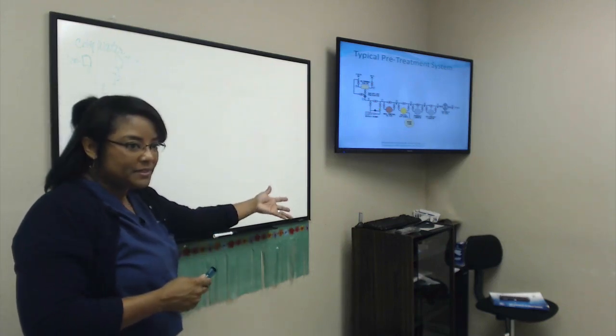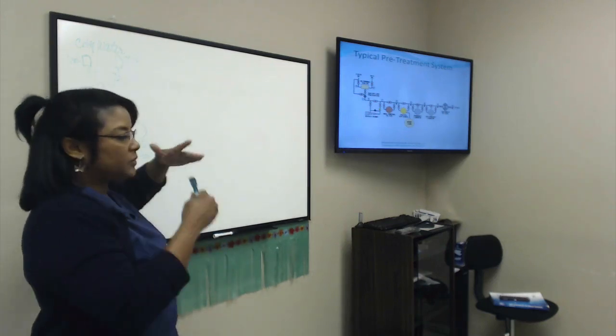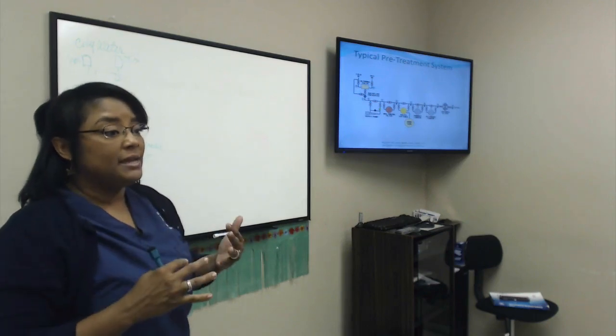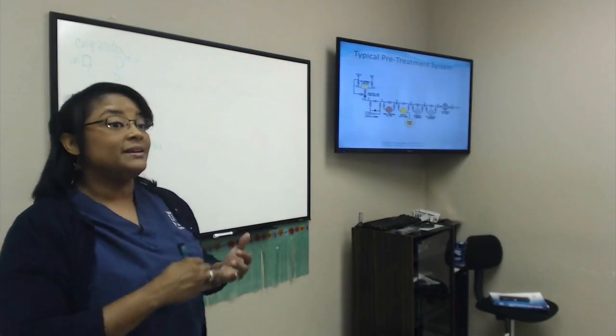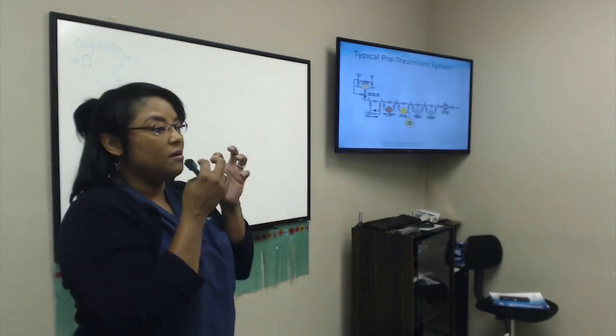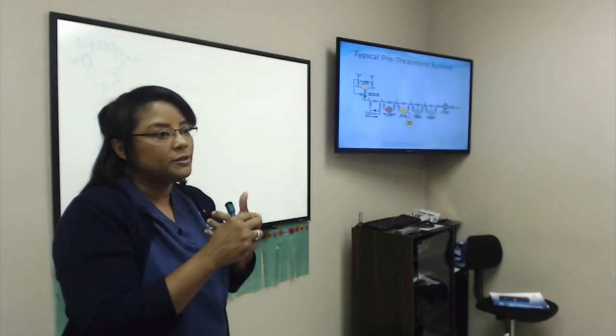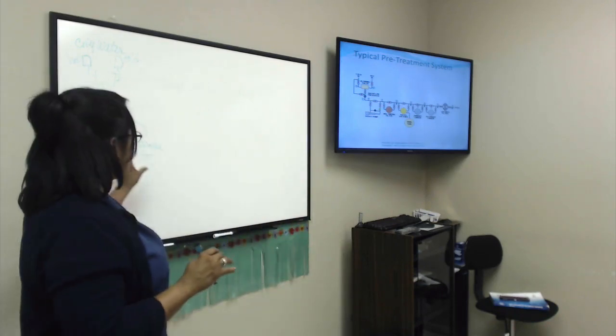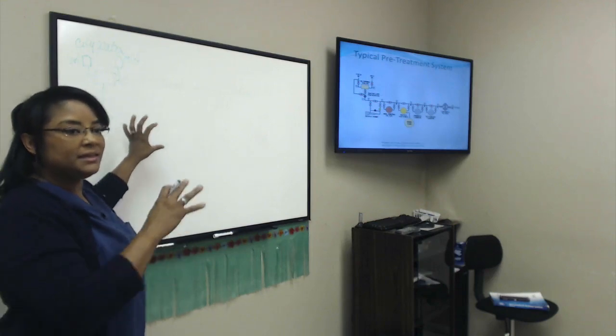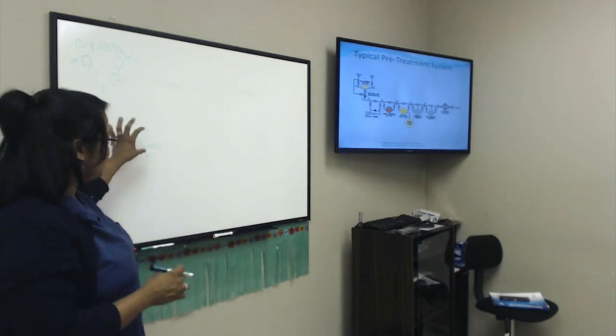So many types. This filter has different layers, and it's able to remove a little bit of bacteria, a little bit of chlorine and chloramines, a little bit of the hard ions like the calcium, like the magnesium, a little bit of everything. So this is where we start making this water softer, okay?